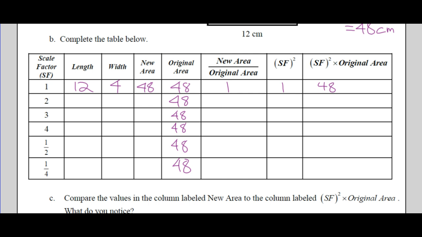If I scale it by a factor of 2, then instead of being 12, the length is now 24, and instead of being 4, the width is now 8. So we have doubled the length, but we have also doubled the width. I have to double both. 24 times 8 is 192. 192 divided by 48 is 4.